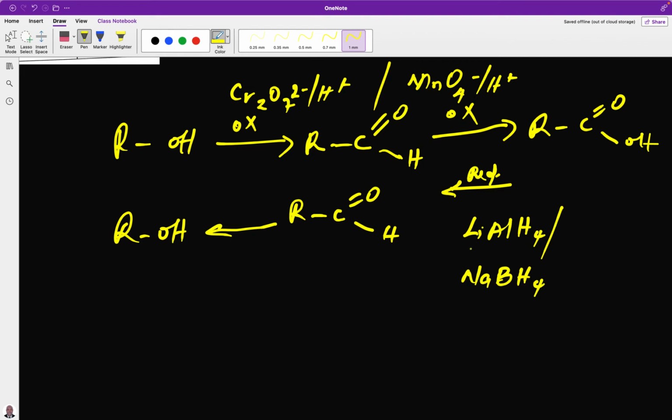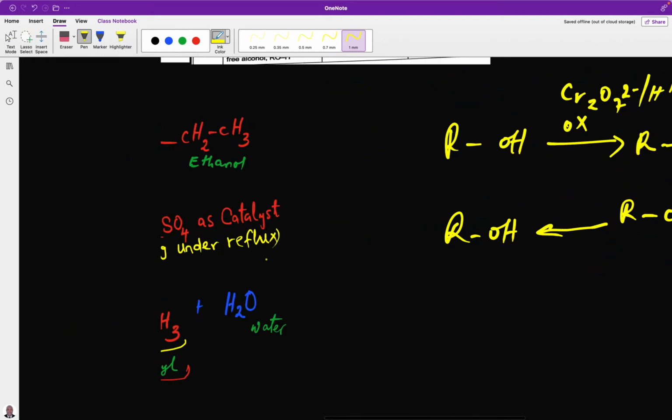So this reagent that you saw in the question is used for reduction, and this acid can be reduced to the corresponding primary alcohol. Let's go back to the question.